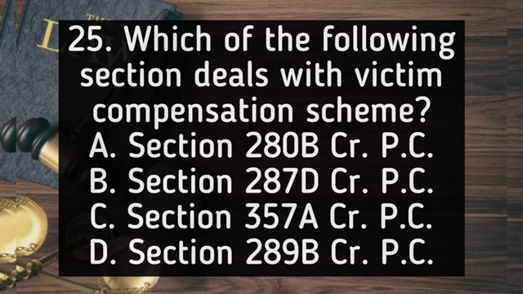Now question number 25 says, which of the following sections deals with the victim compensation scheme? Section 280B CrPC or Section 287D CrPC or Section 357A CrPC or the last section 289B CrPC? The answer of this question is Section 357A CrPC.